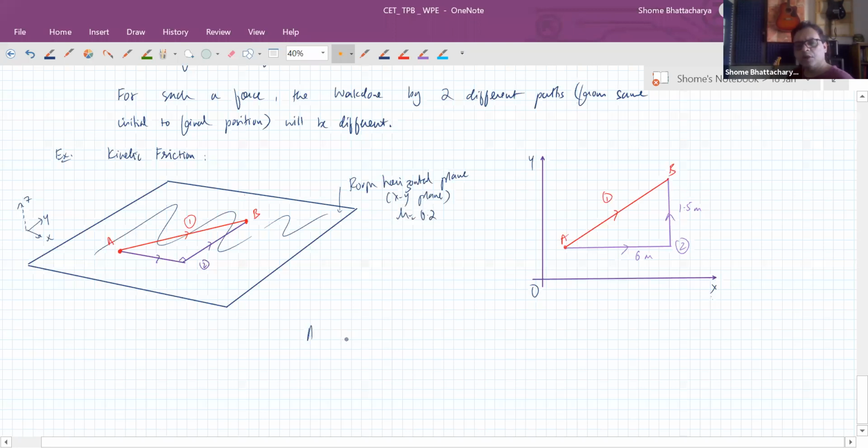Now a particle of mass 20 kg is moved from A to B on the rough horizontal surface by two different paths.